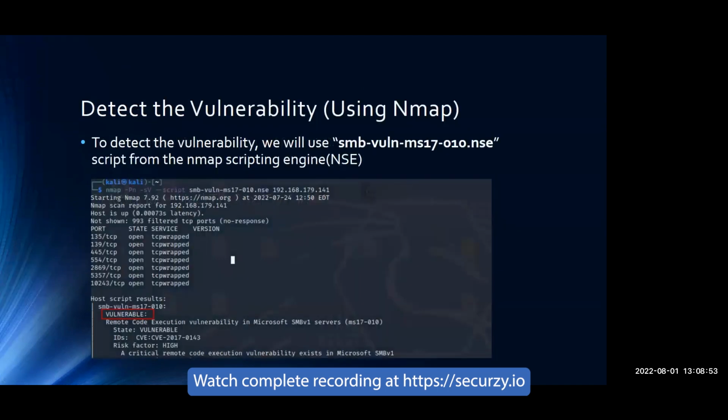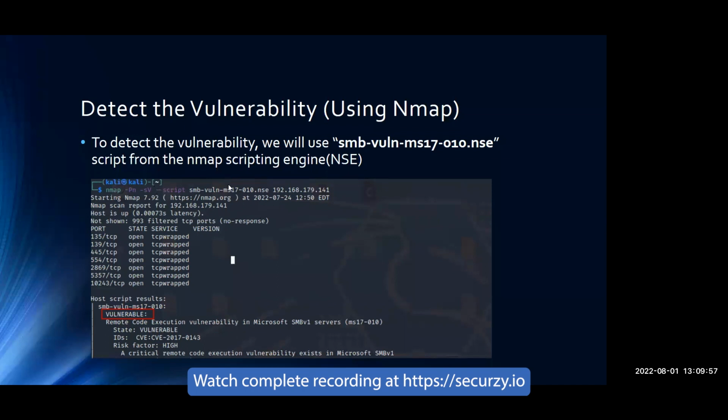First of all, we will have to detect the vulnerability. We'll have to check whether the system is vulnerable to EternalBlue or not. We can do it in different ways, like using nmap. Nmap is a network mapper, or network scanning tool. You see in the screenshot, we have used nmap and an nmap script called smb-vuln-ms17-010.